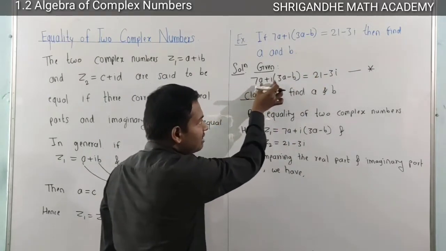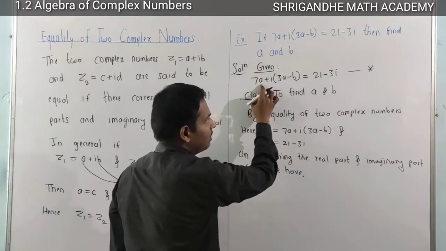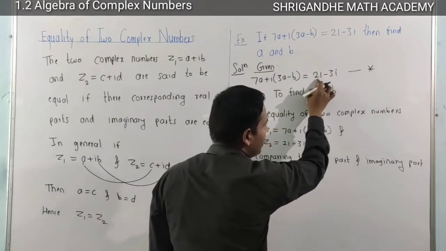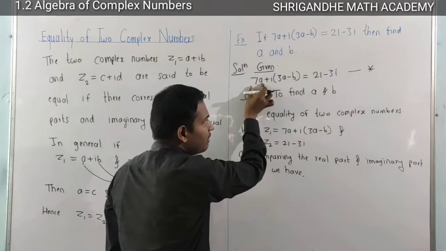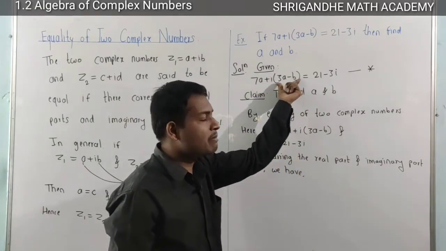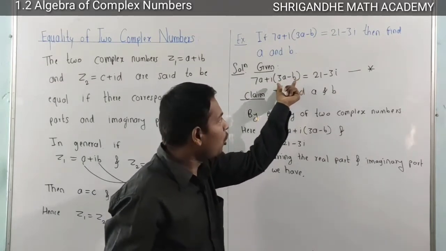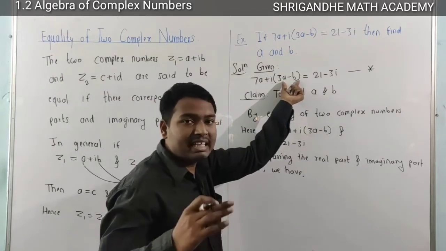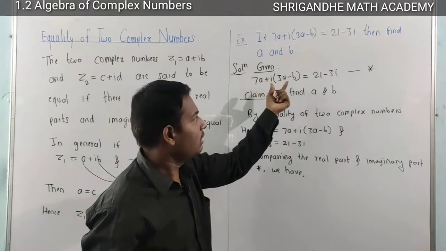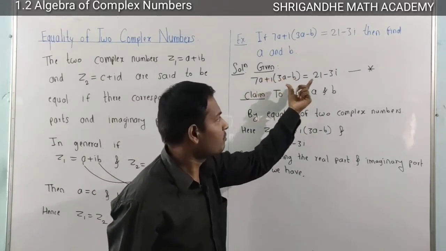See, in 7a plus i(3a minus b), the real part is 7a. And in 21 minus 3i, the real part is 21. Therefore we get 7a is equal to 21. Also in 7a plus i(3a minus b), the imaginary part is 3a minus b, because this 3a minus b is multiplied by i.